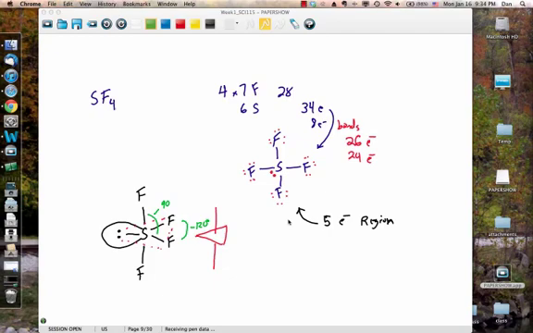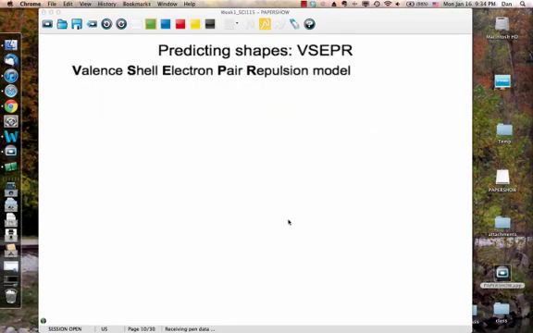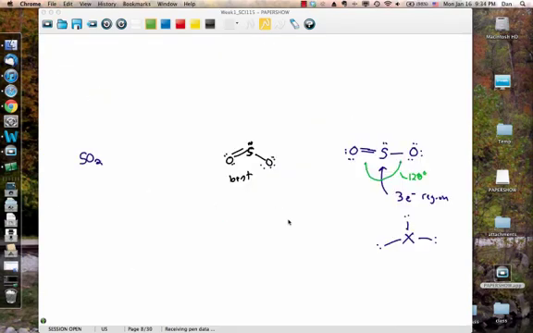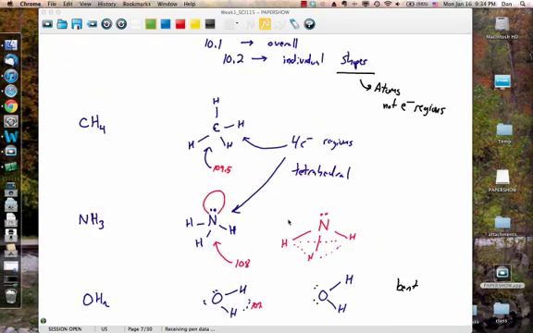So now, notice we talked about earlier how we actually see deviations from our bond angles. We see things like 109.5 for some structures, but 108 for others, 107 for others.